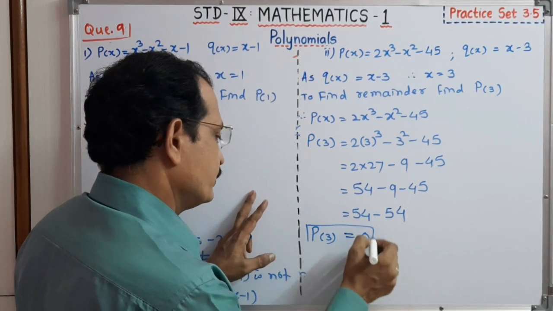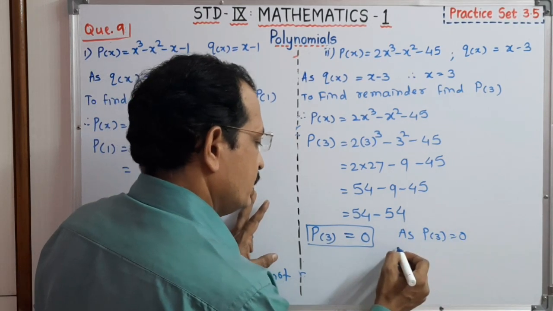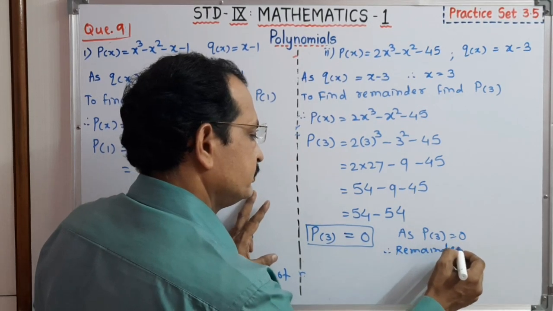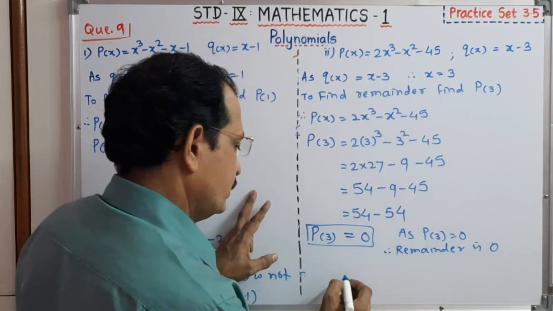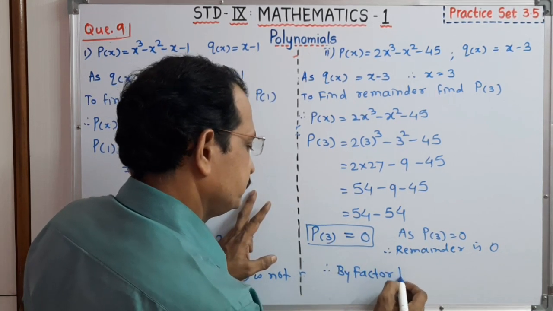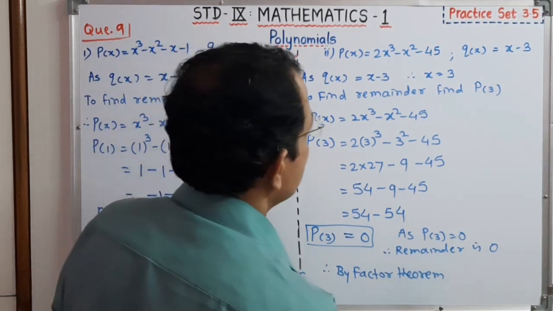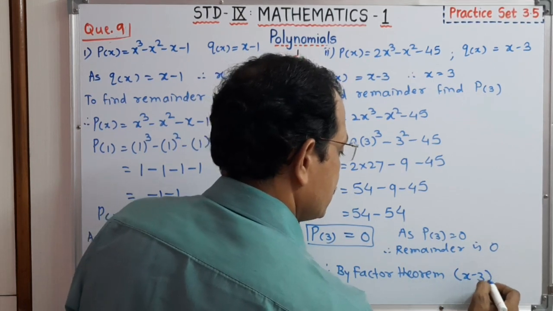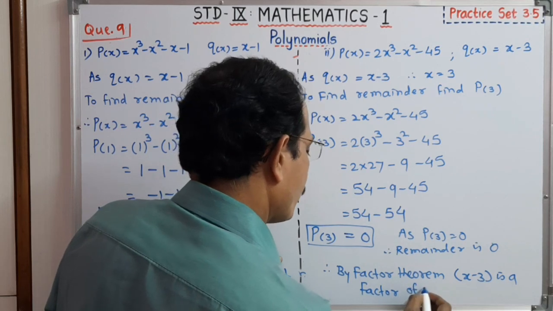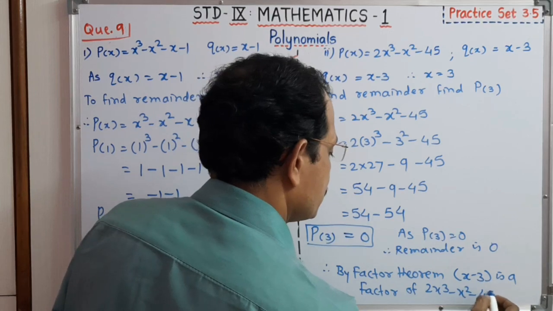P(3) is equal to 0. Dear student, as P(3) is equal to 0, therefore the remainder is 0, and therefore by factor theorem we can say that x minus 3 is a factor of 2x cube minus x square minus 45.